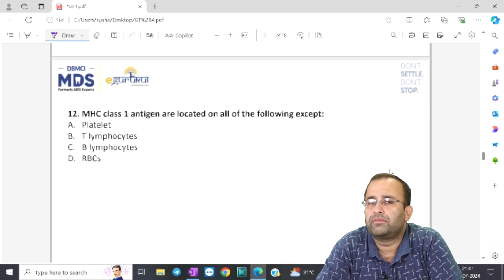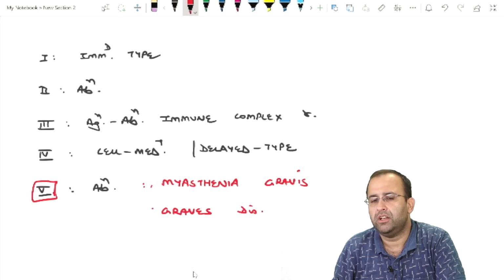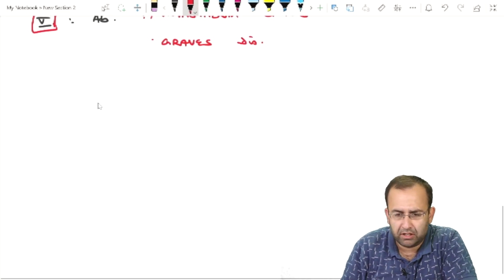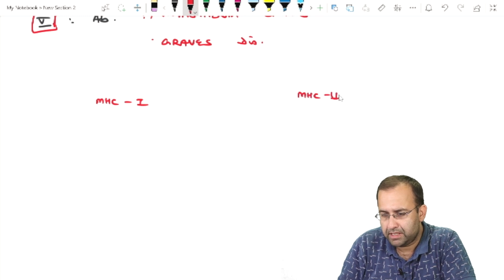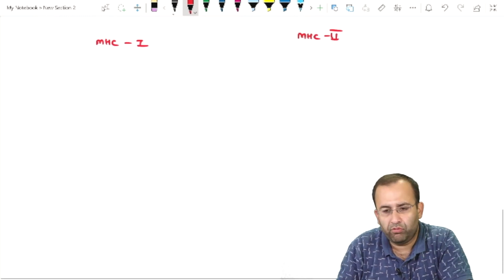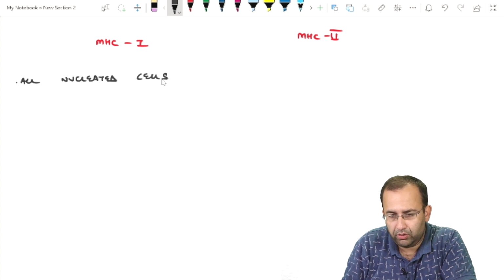Next question. MHC1. Look, let us quickly make a table of MHC1 versus 2. Simple, straightforward table. MHC1 is present on all nucleated cells and platelets.